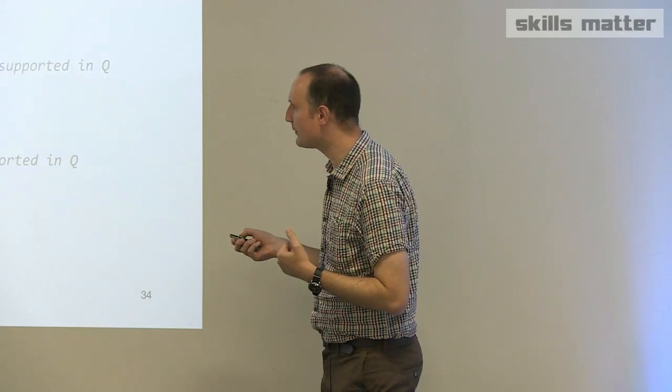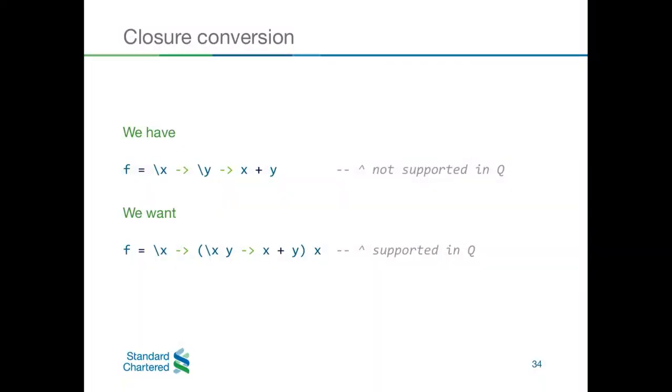So let's say we have this. In the inner lambda here, x is essentially a free variable of this body here.